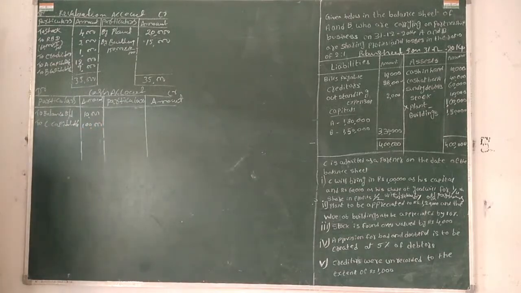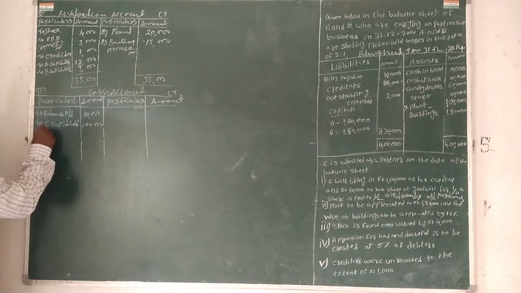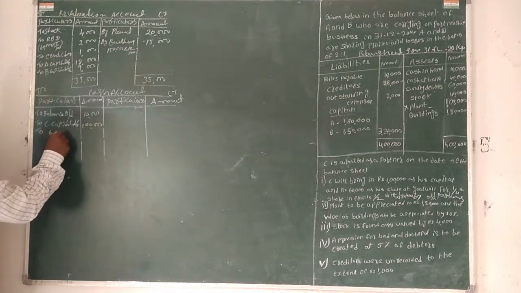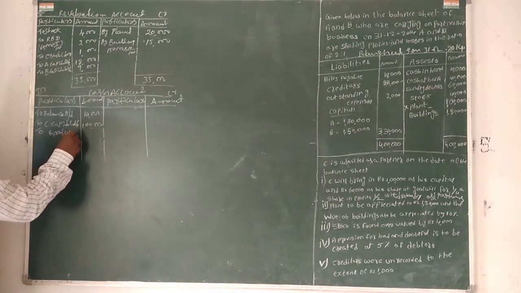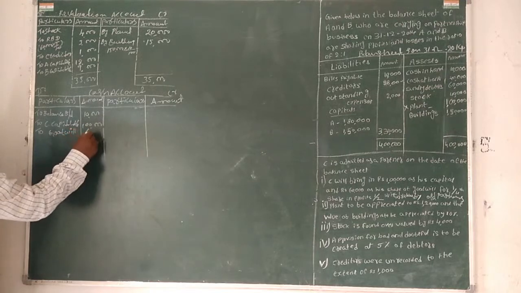So C brought 60,000 as goodwill, in which half, that is 30,000, is withdrawn by old partners: A withdrawn 20,000, B withdrawn 10,000.